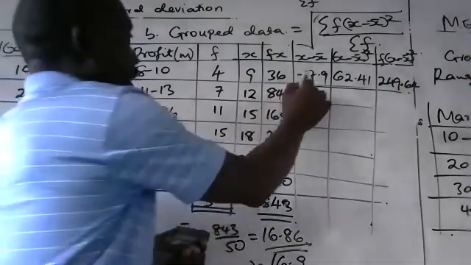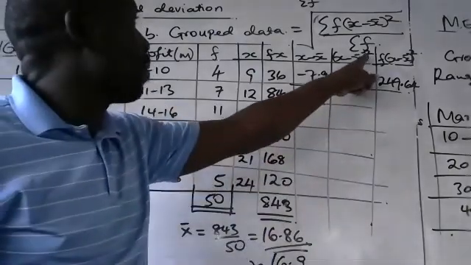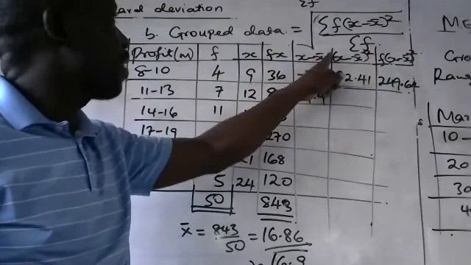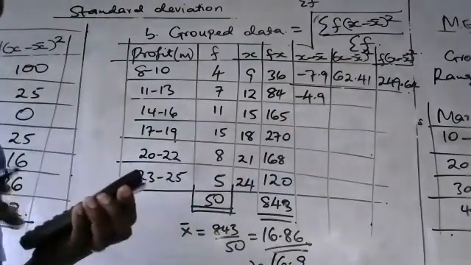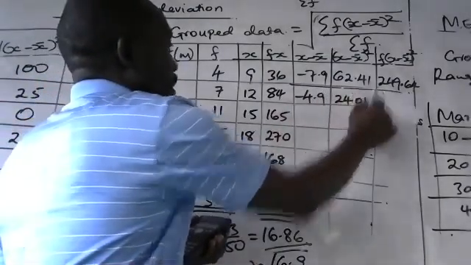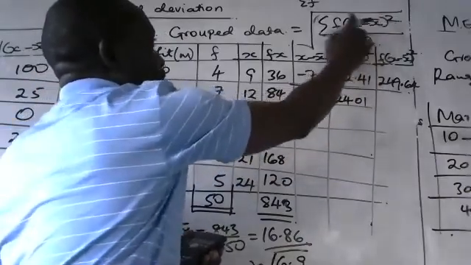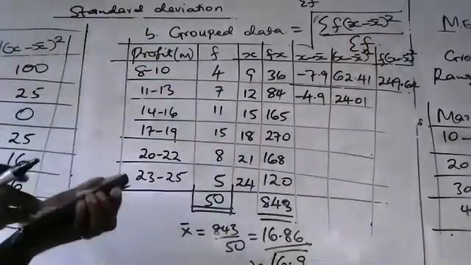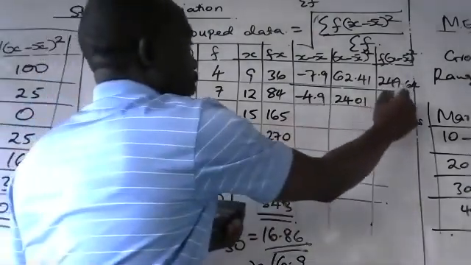You get negative 4.9. The same value you square. If we square that, you get 24.01. Then the same value, x minus x bar squared, you multiply by f, which is 7.